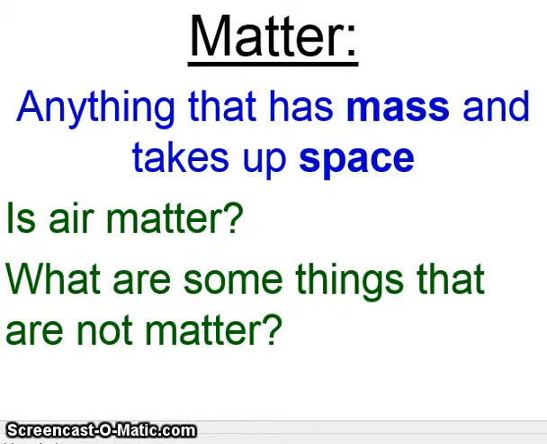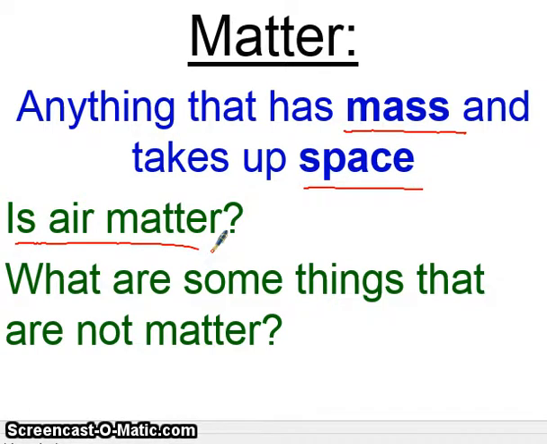Matter will be defined, there are really two parts to the definition of what matter is. It has to have mass, and it has to take up space. So really mass and volume. Anything that has mass, now sometimes it's tough to measure the mass of something. Air, for example, the question here is, is air matter? Air has mass.